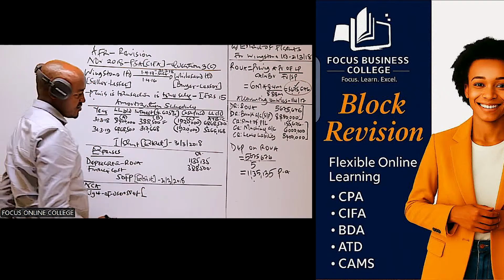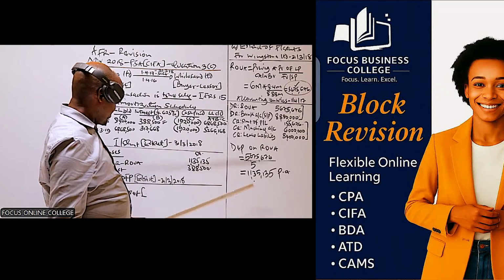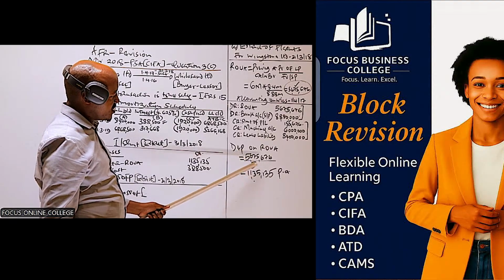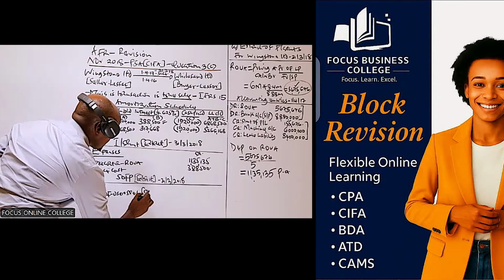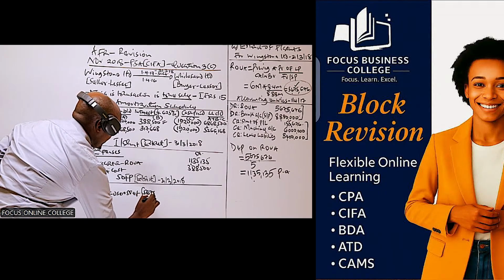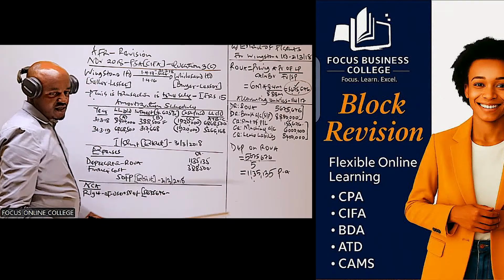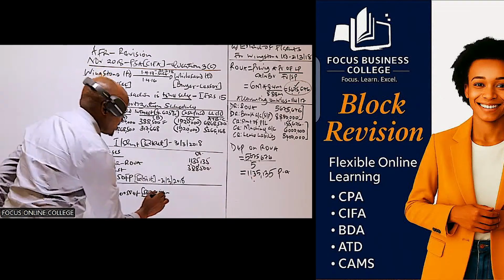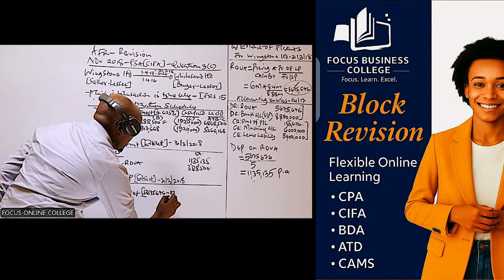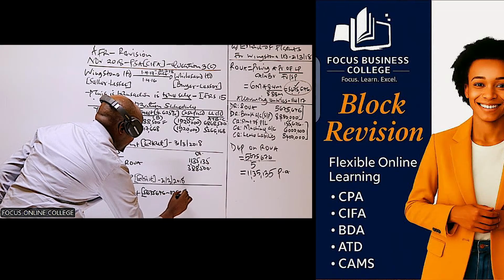What will be the net book value? The net book value will be the value of the right of use asset, which we computed here, 56,75,676, minus the depreciation for that year, which is 11,35,135.